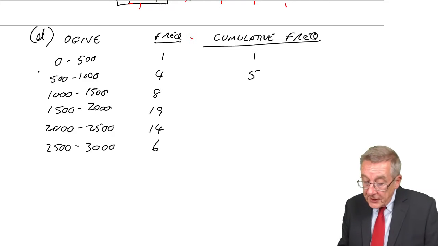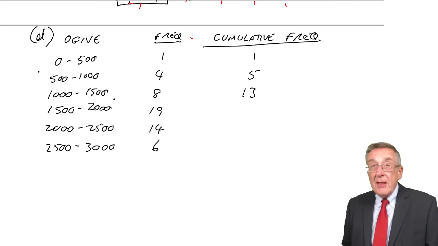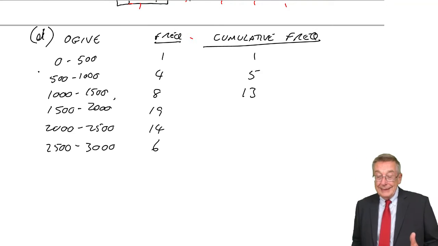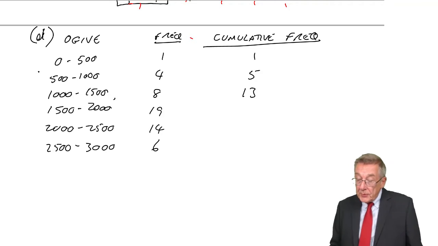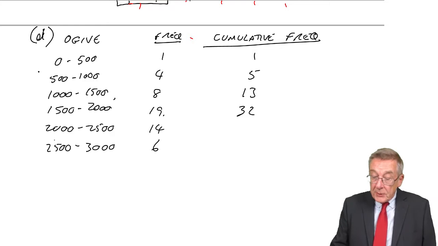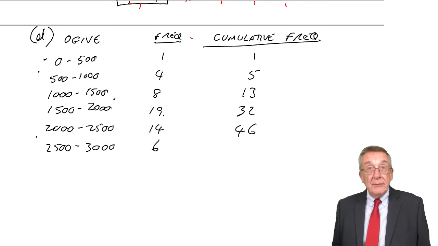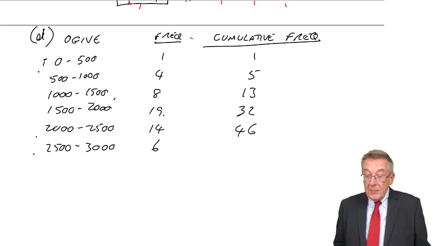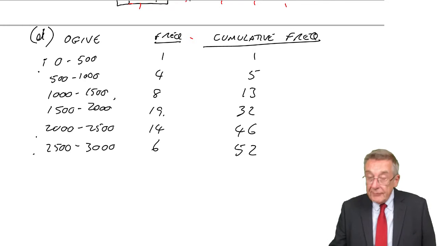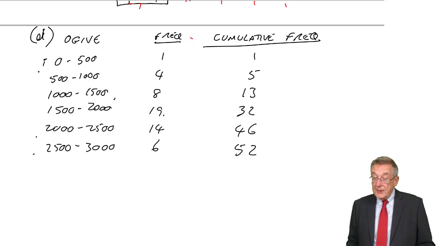How many weeks was it between 0 and 1,500? 5, 13. 13 weeks it was between 0 and 1,500. How many weeks between 0 and 2,000? Another 19, 32. How many weeks between 0 and 2,500? Another 14, 46. How many weeks between 0 and 3,000? Another 6. Well, there's the total of 52 weeks. So that's what I mean by the cumulative or the total frequency.